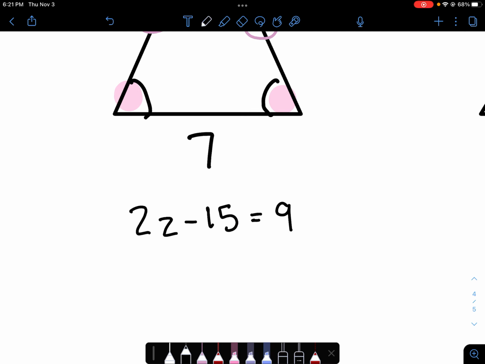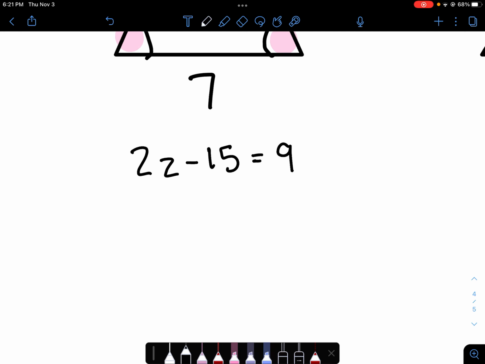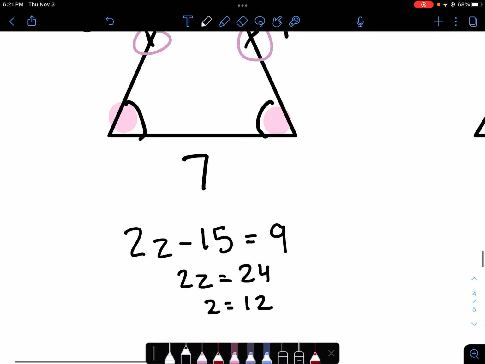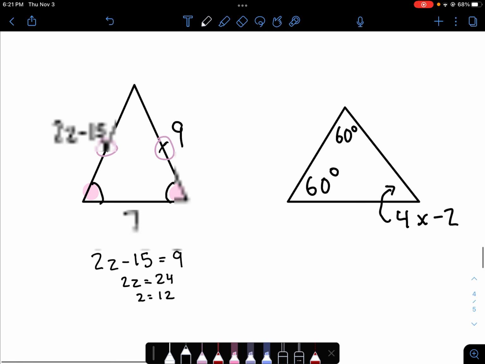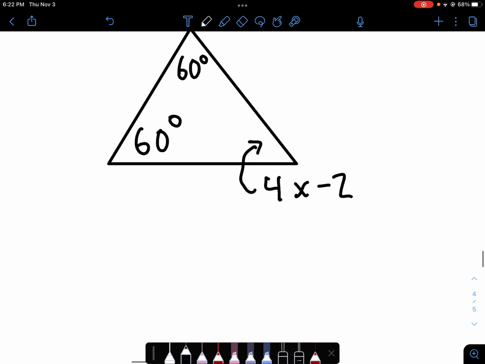So let's solve for z. And you might be wondering, hey, why is that 7 over there? Well, the 7's there just to be there. They're trying to trick you. I won't lie to you.